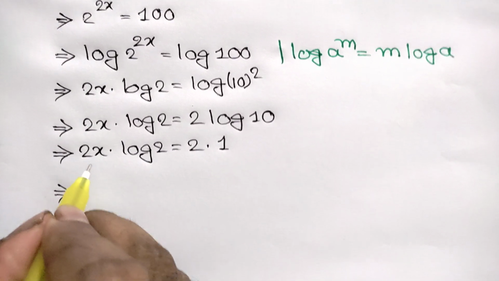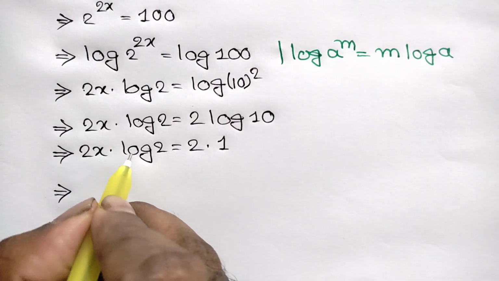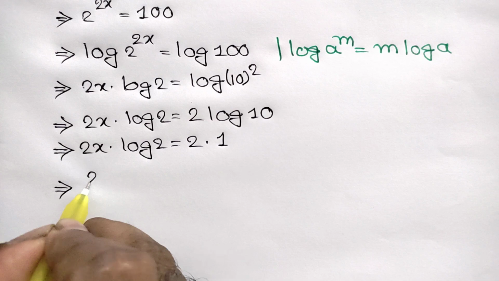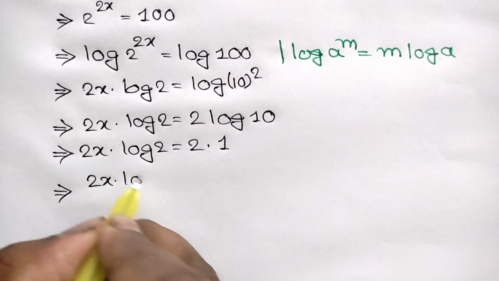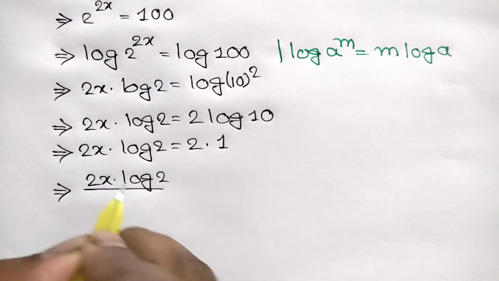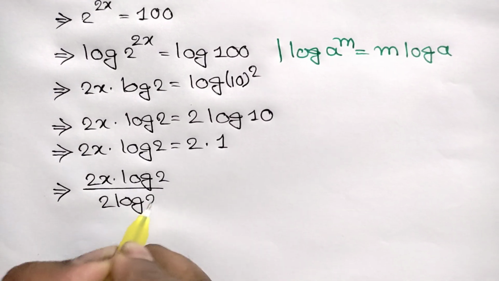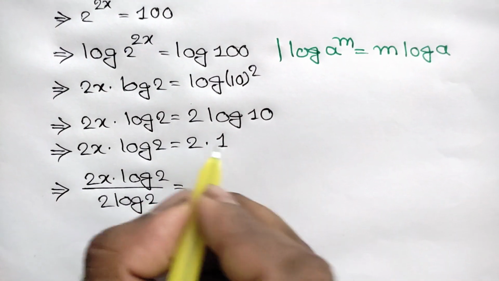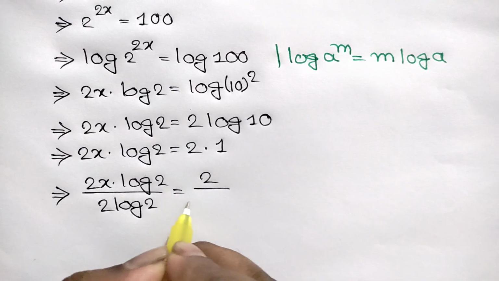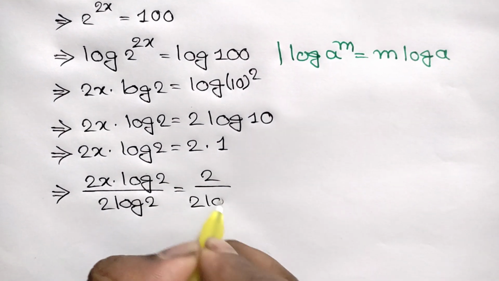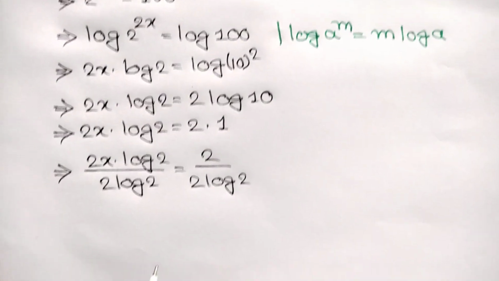Now dividing both sides by 2 times log of 2 we can write 2x times log of 2 over 2 times log of 2 is equal to, here 2 times 1 is 2, so we can write 2 over 2 times log of 2.